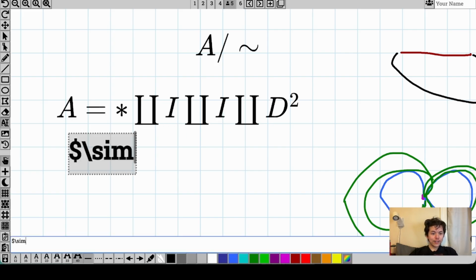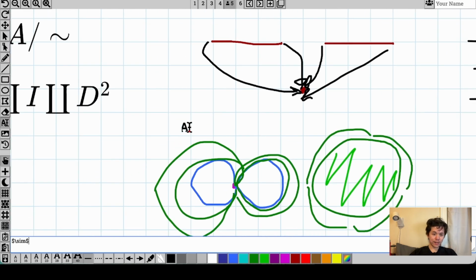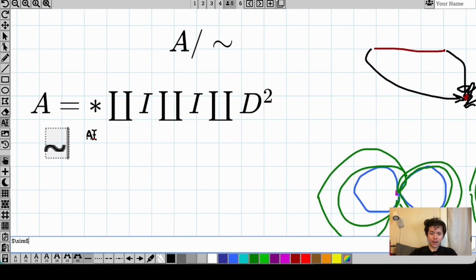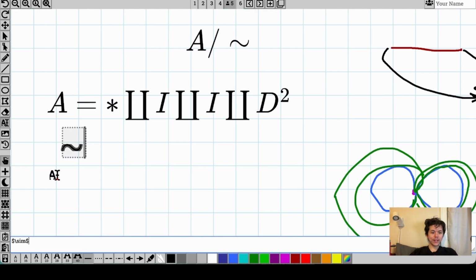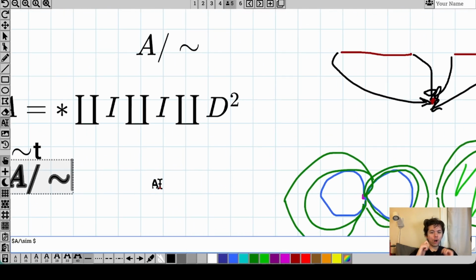And then we defined an equivalence relation by gluing. We say we're going to make this equivalent to this equivalent to this, etc., which is gluing data. And the set A mod tilde is exactly the torus, the set you get where you treat all of the elements which were previously equivalent as being equal.